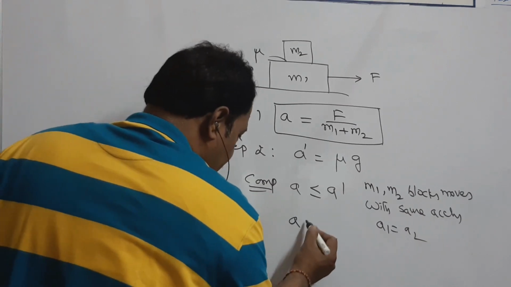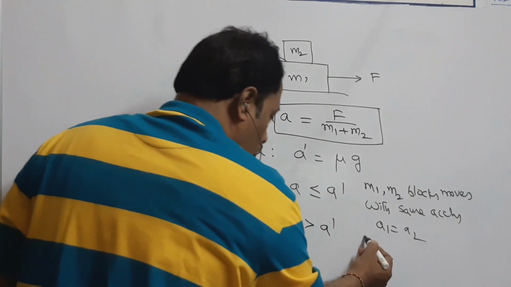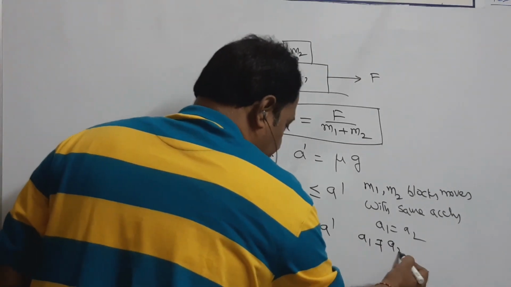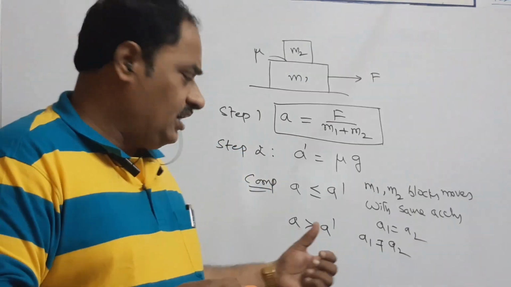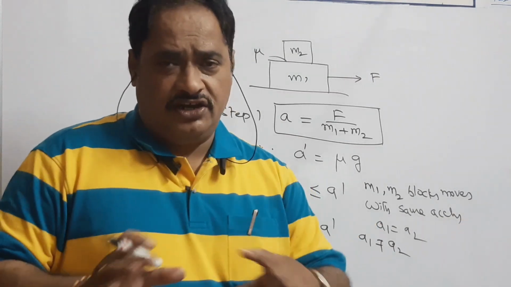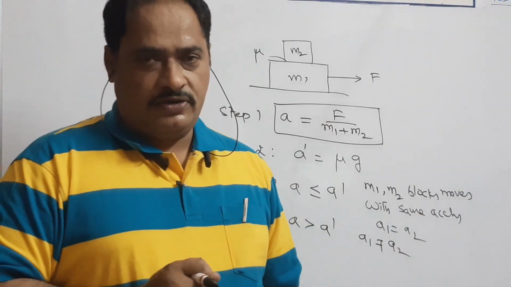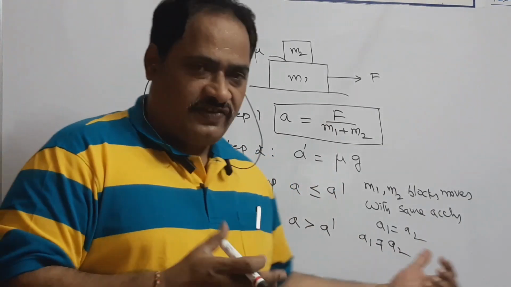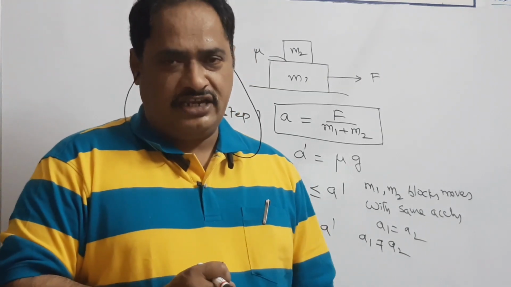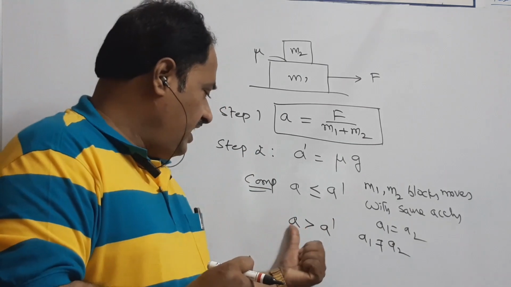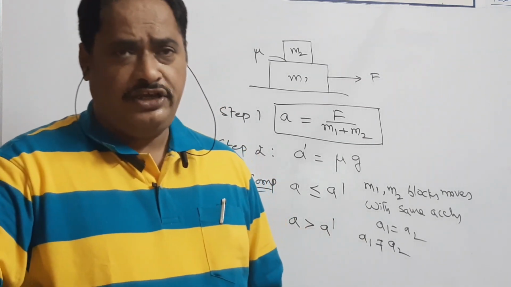If A is greater than A dash, then both blocks will move with different accelerations, a1 not equal to a2. Then the upper block will move backward with respect to the lower block. That means directions may change, numerical values may change. We have to calculate those values. So A greater than A dash, a1 is not equal to a2.